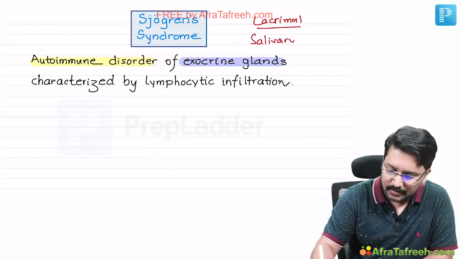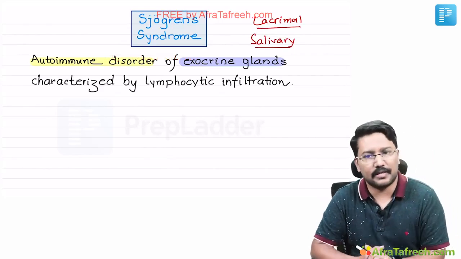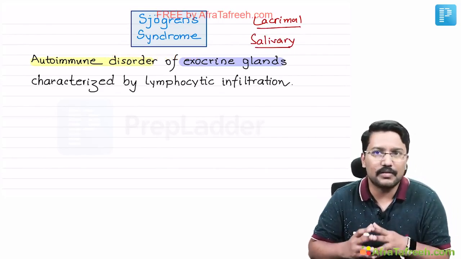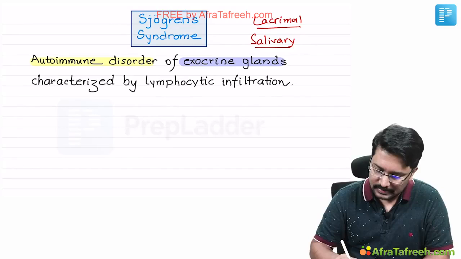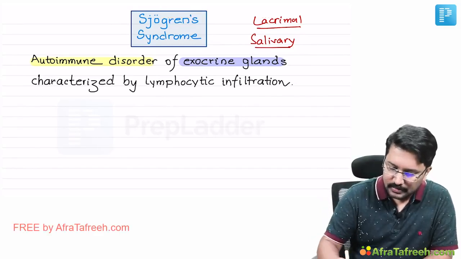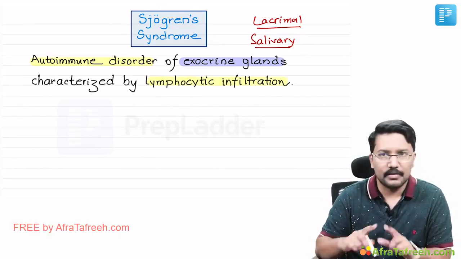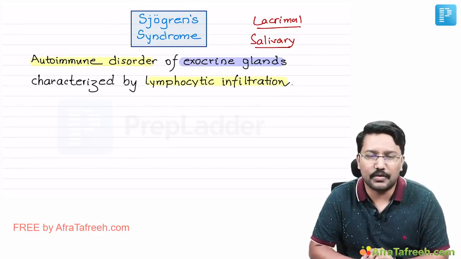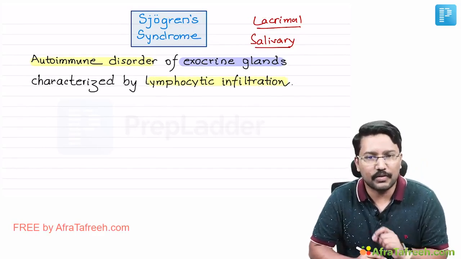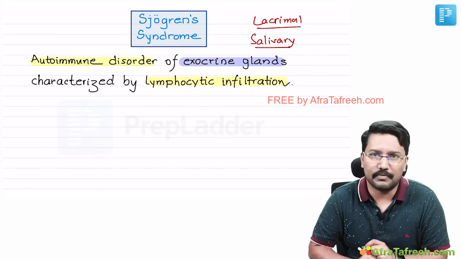The involvement of salivary and lacrimal glands is characteristic. If you do a biopsy of these affected glands, we notice lymphocytic infiltration. So that summarizes Sjogren's syndrome, an autoimmune disorder of exocrine glands characterized by lymphocytic infiltration.